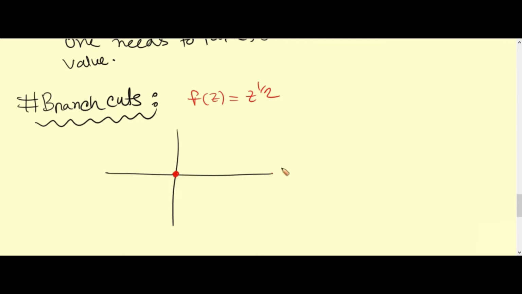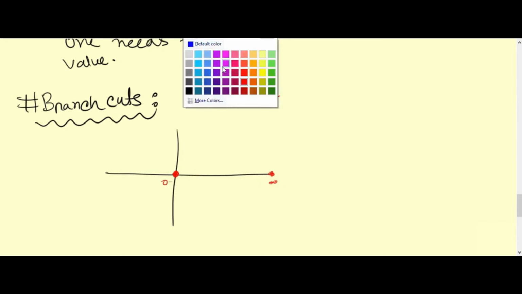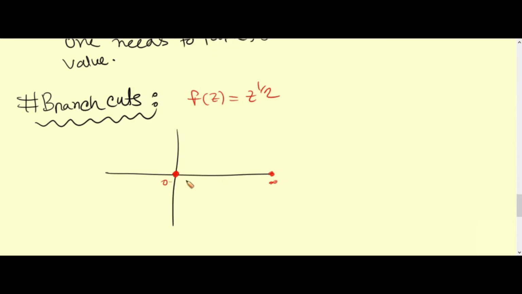So what one needs to do right now is, okay, let me just, for the demonstration, say this is infinity and this is 0. These are our branch points, and a branch cut is defined by connecting these two branch points. So let me just connect them with a zigzag line, like this.